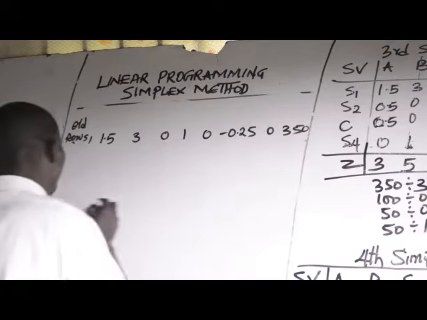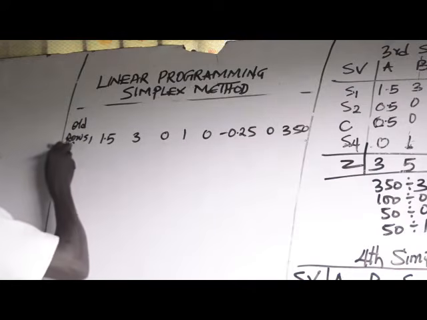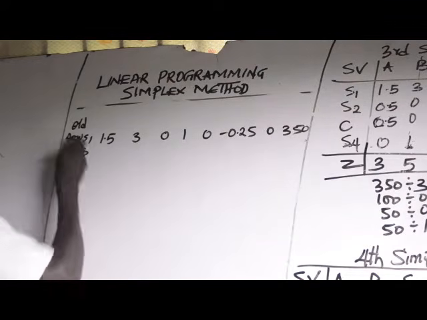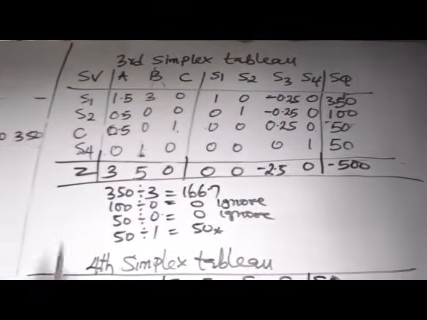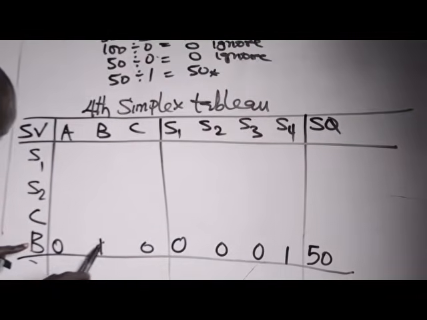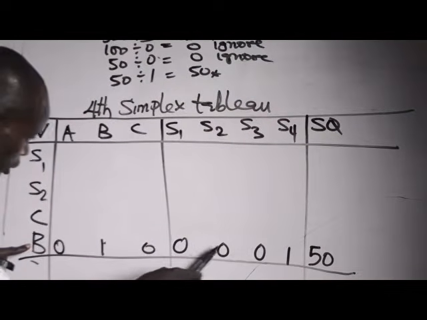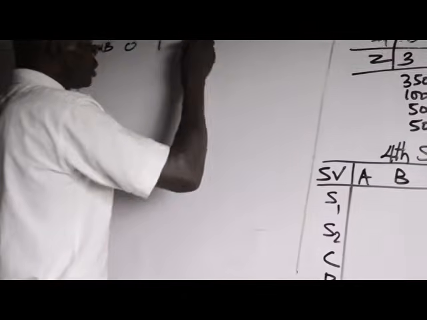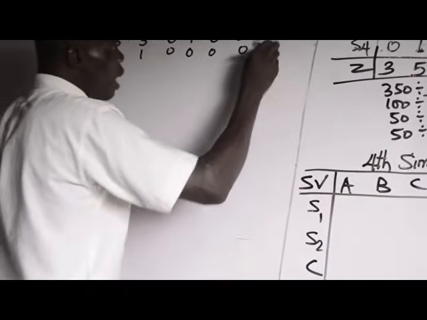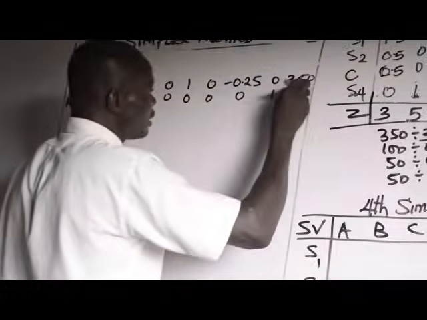You now take the row B, which is the pivot row. Our new pivot row, which is row B. We have 0, 1, 0, 0, 0, 0, 1, and 50.